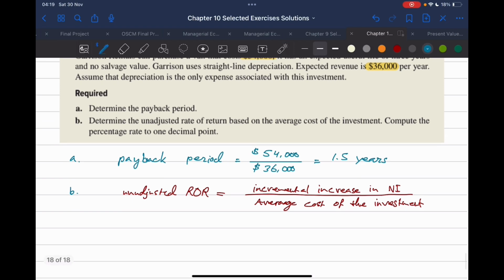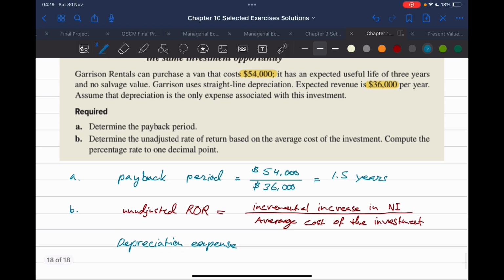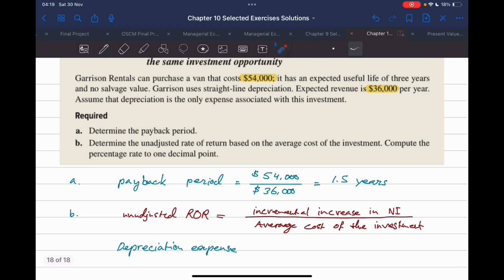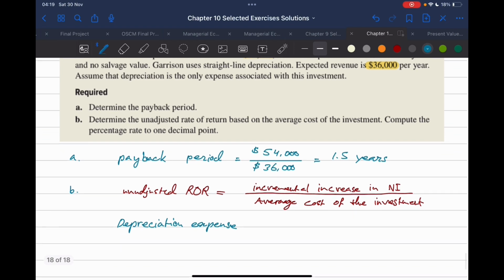So the depreciation expense is going to be the initial cost of the equipment divided by the useful life, which was given to us in the question to be 3 years. And there is no salvage value, so we're not going to subtract anything from the initial cost.